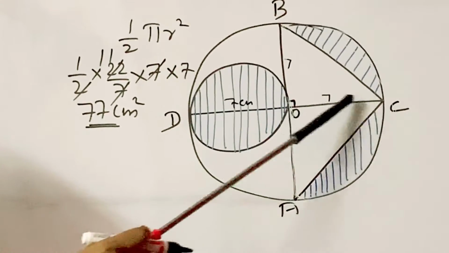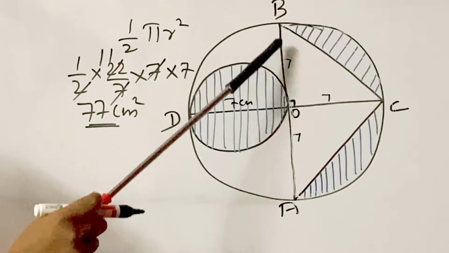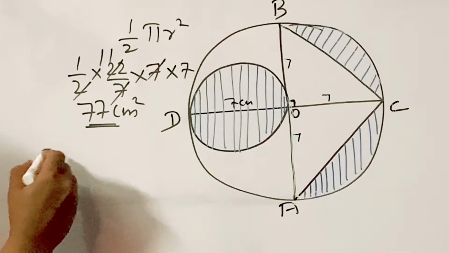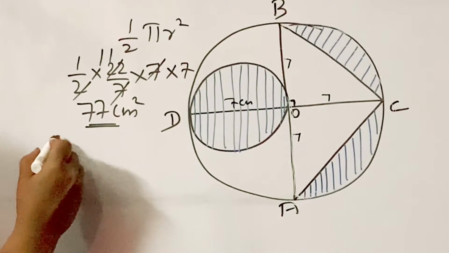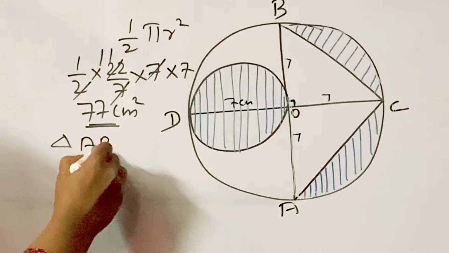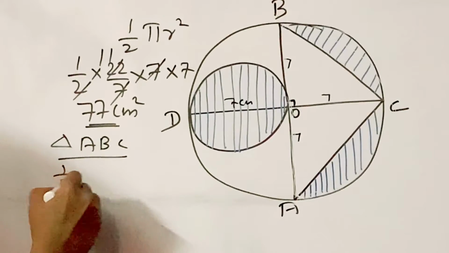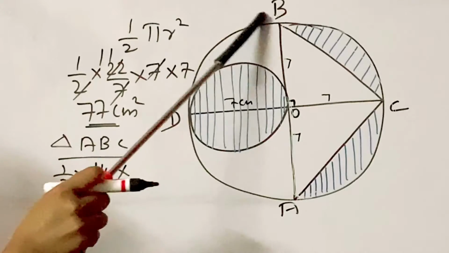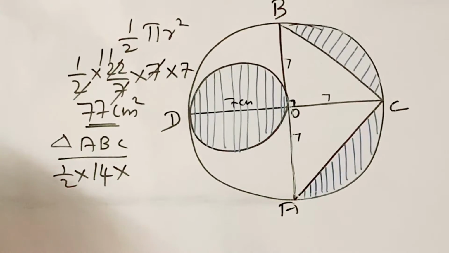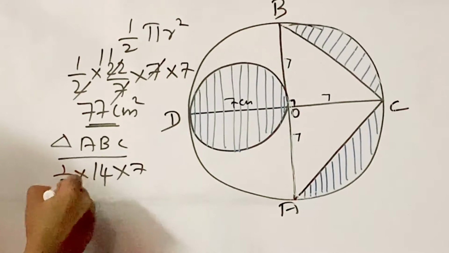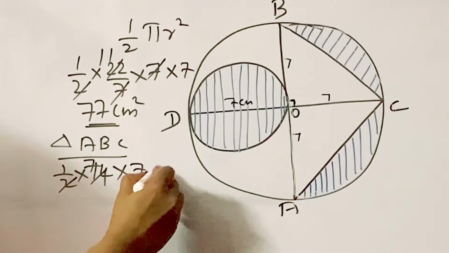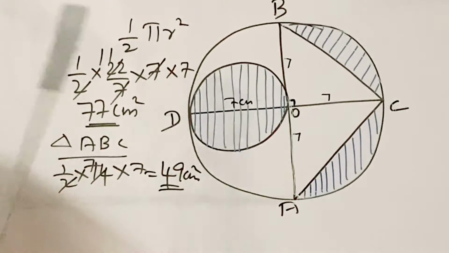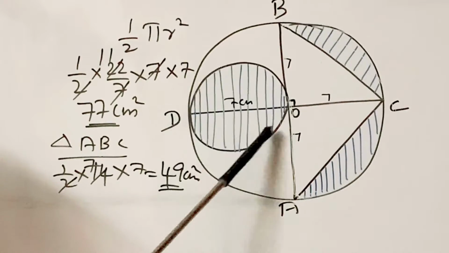Then the area of triangle ABC is half into base 14 into height 7. That is 49 centimeter squares.